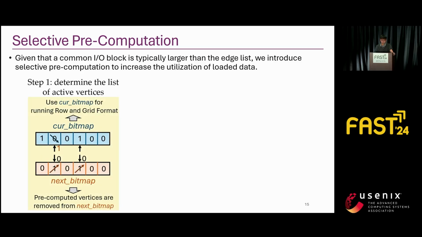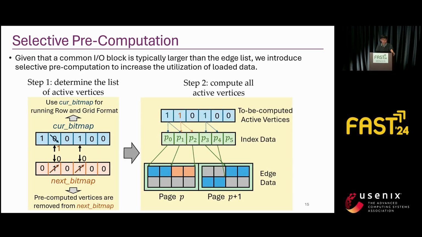And there are two steps in this pre-computation. The first step is that we try to determine the list of the active vertex, which means that we need to determine what kind of vertex we need to process. And from the perspective of I/O reusing, we will only pre-compute the future active vertex that are stored closely with the current active vertex. Next, based on this decision, the second step is simply to compute all the marked active vertex so that the pre-computed vertex can be skipped in the future iteration.